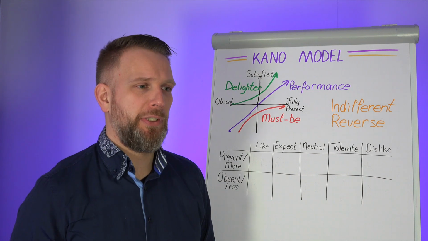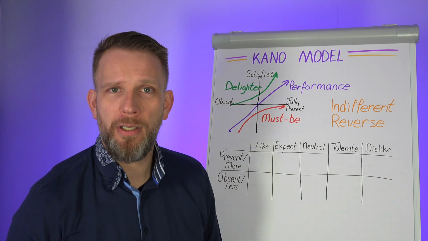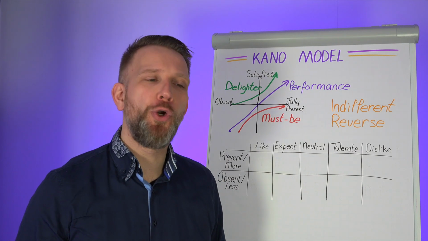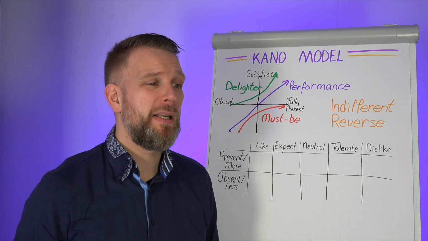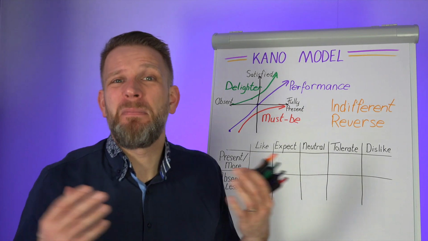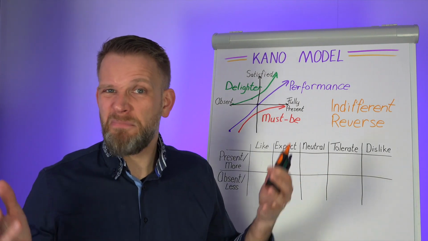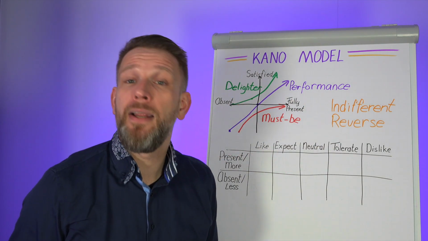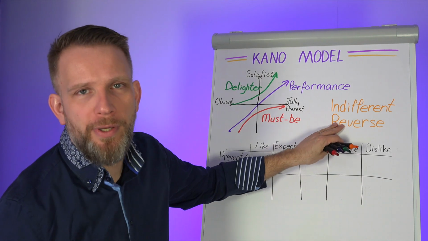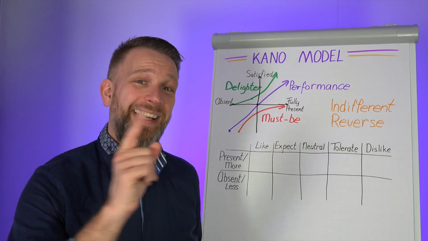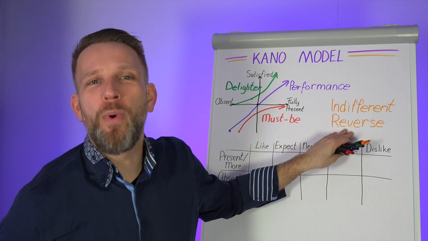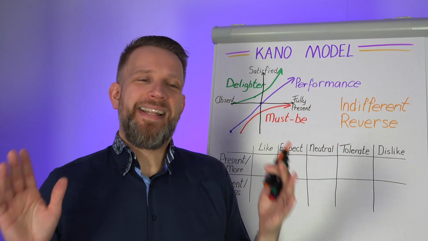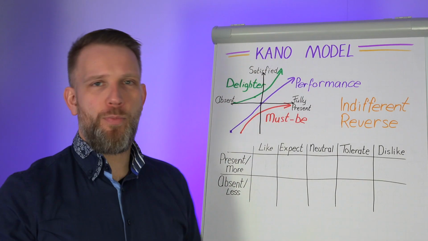Now, I don't really know what this would be on a car, because car manufacturers were really good at not putting them on, but sort of, to me, a spoiler might even get like that, right? Too many sports elements on a car that really doesn't need it, to me, is a reverse. Some other people, and here's another nice clue, some other people will actually like this, or have it as a delighter even.